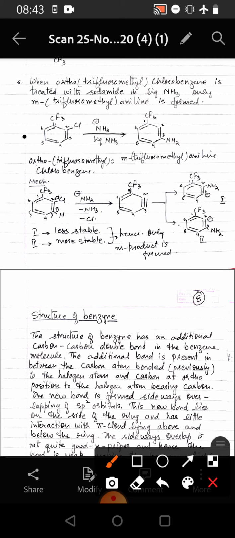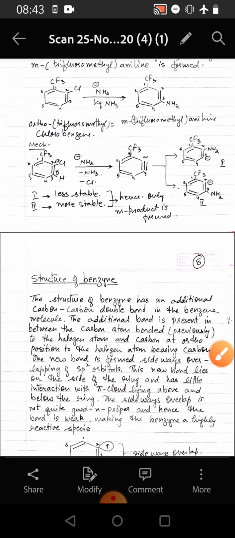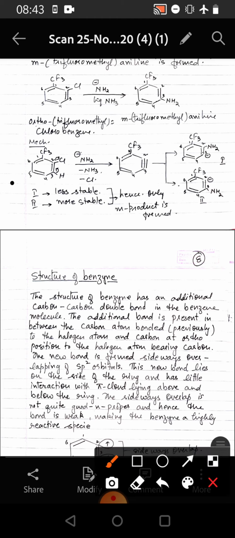When ortho trifluoromethyl chlorobenzene is treated with sodamide, that is NaNH2 in liquid ammonia, only meta trifluoromethyl aniline is formed. This can be explained on the basis of the stability of the anion formed during meta attack or the ortho attack. This is ortho trifluoromethyl chlorobenzene, and when it reacts with amide in the presence of liquid ammonia, then we see that the benzyne is formed in which the triple bond is between C2 and C3.